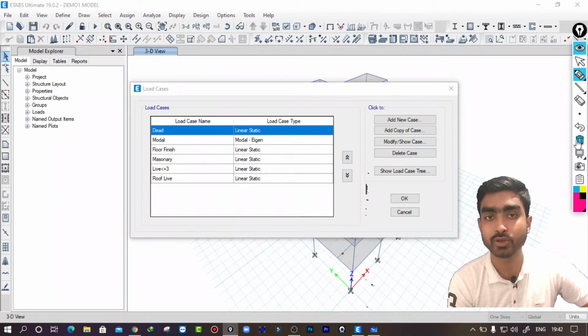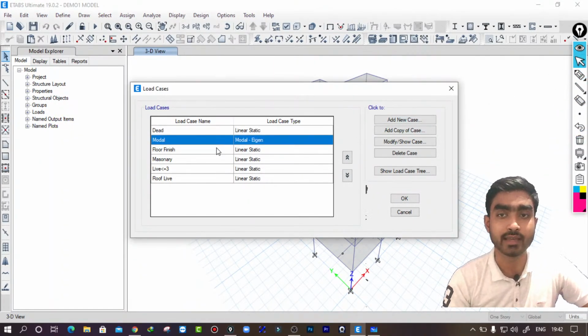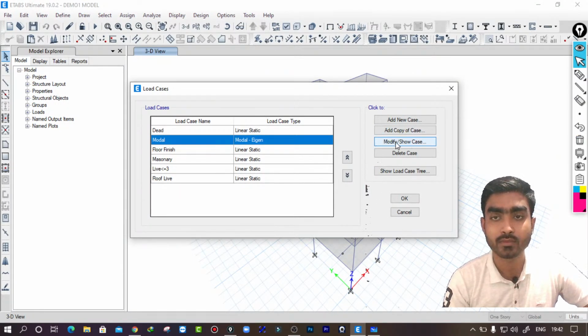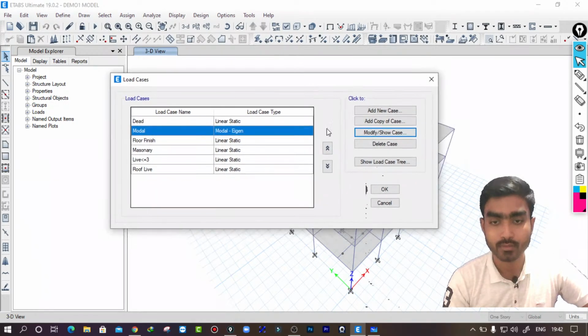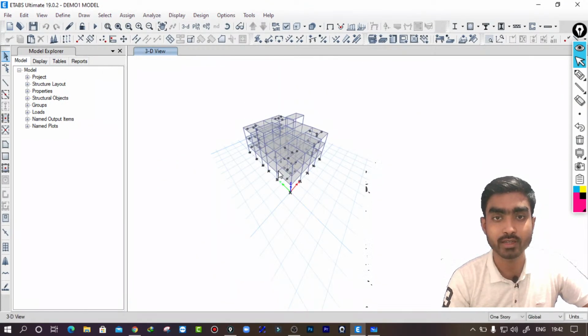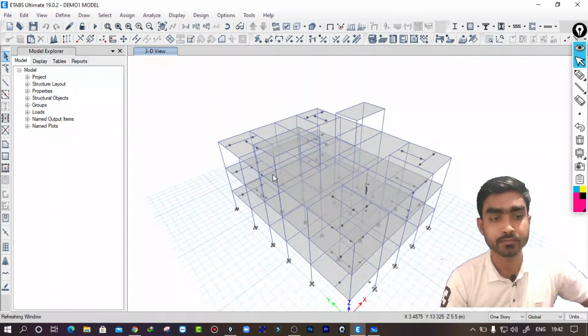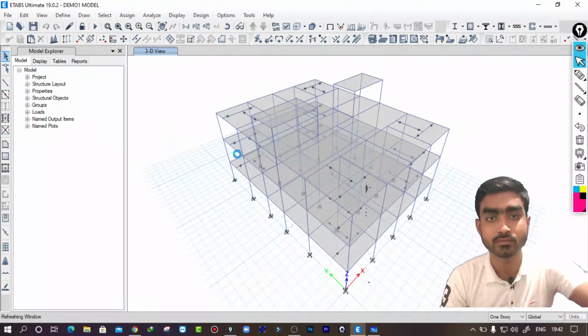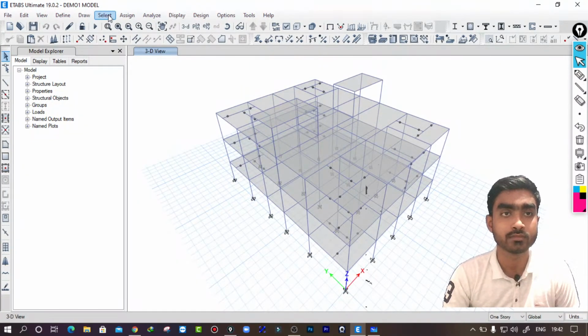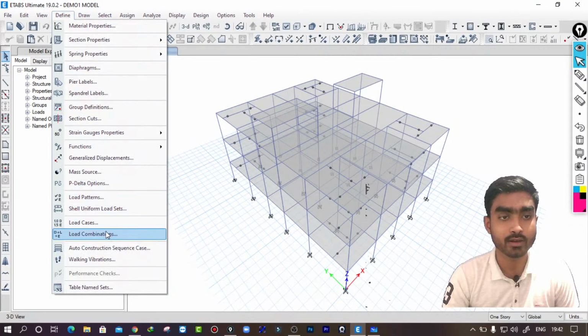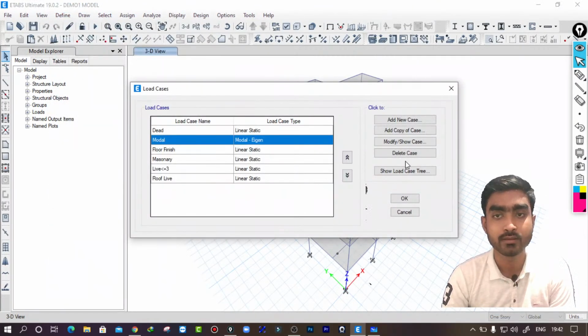So let me show you how we can consider it. Let's go to modal case and modify it. I'm getting a glitch in the software. Just give me a second. Define load cases, modal mass.